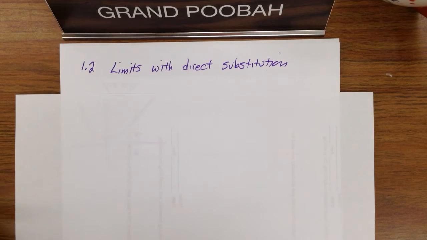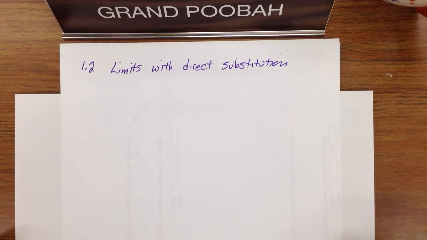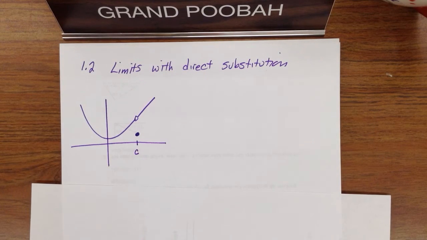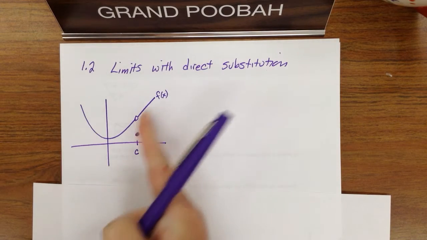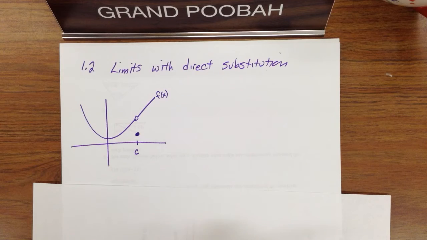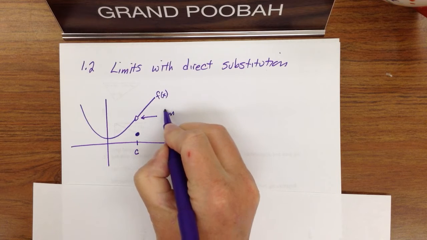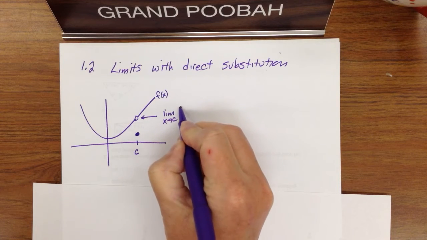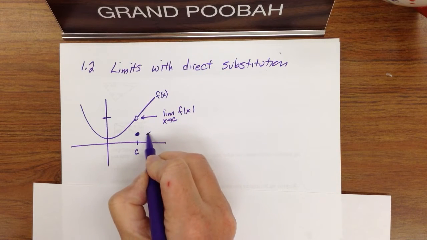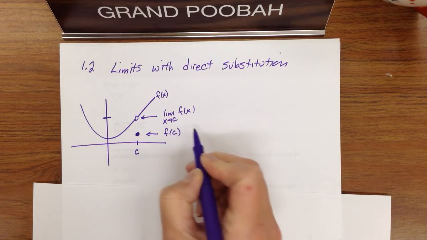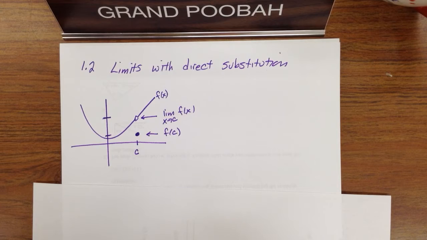Now before we talk about this, let's remember, there are times, here's our function f, it's a little curvy thing, there's a hole, there's the dot. There are times when the limit, which would be this height, and the function value, which would be this height, are not the same.